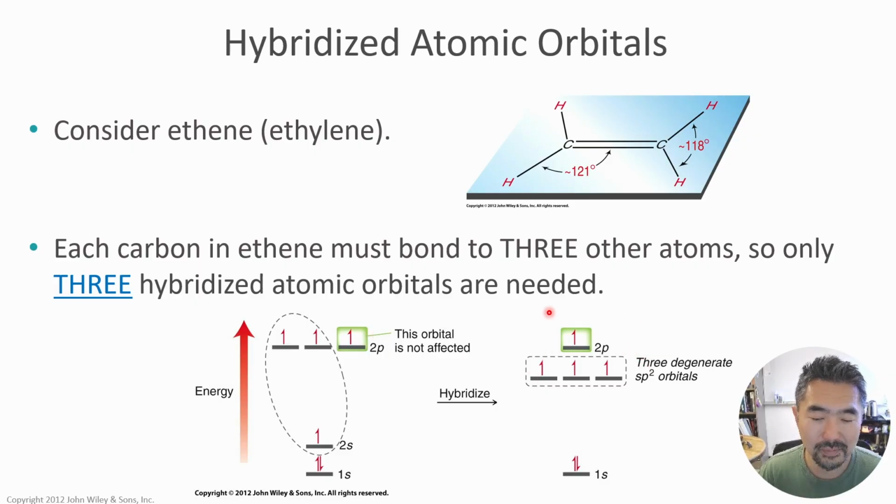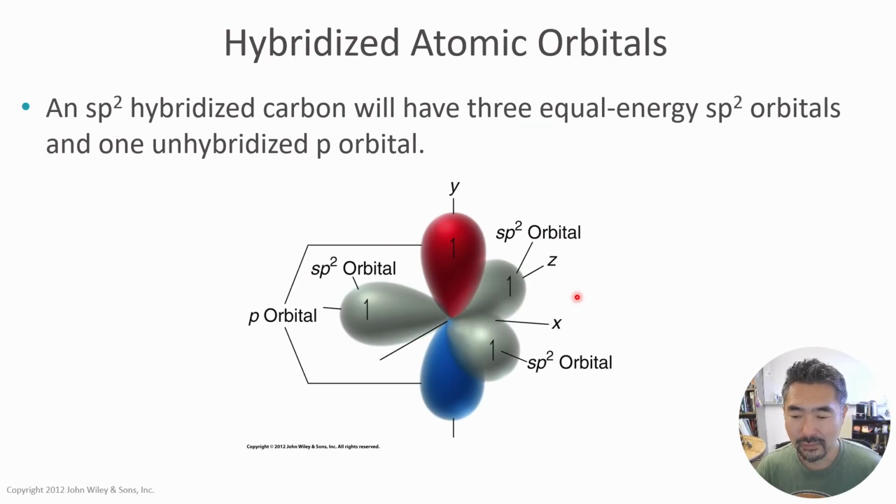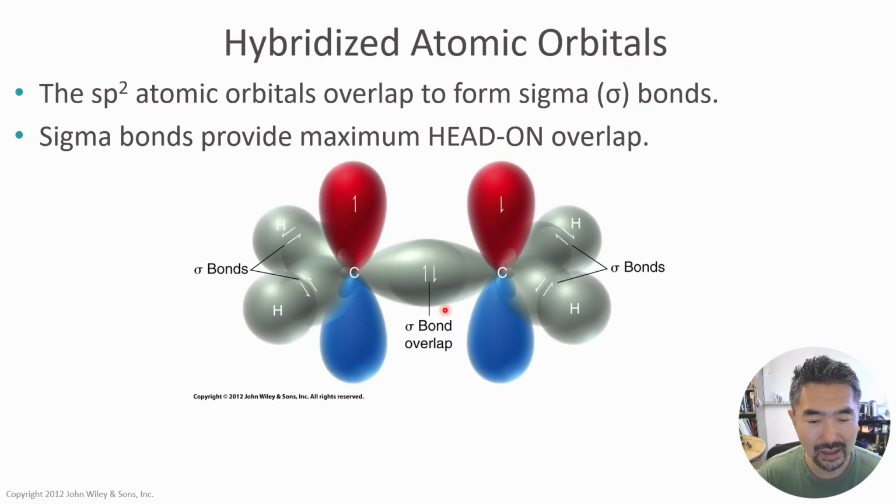So you would end up with a situation like this, where you can make 3 bonds with these 3 sp2 orbitals. It's called sp2 because you only mix 2 p's and 1 s. And then you have 1 p that's intact, and so you would have this shape where you've got 3 sp2 orbitals and 1 p orbital that's intact.